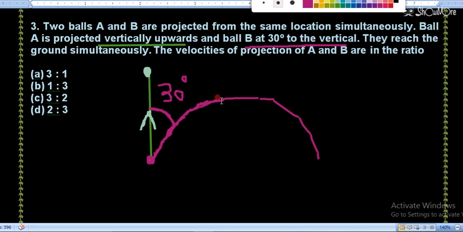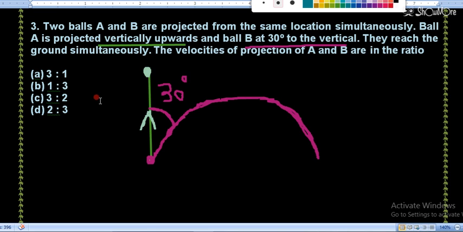Now students, what can you observe from the question? The question is saying they reach the ground simultaneously. What is the meaning of this word? Think about it. That means the time of flight.